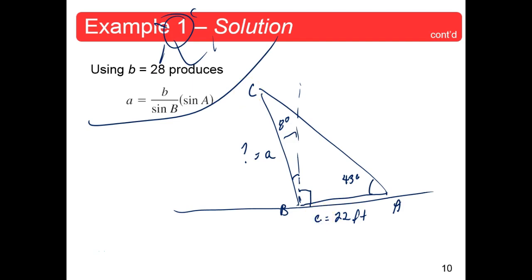So there's side little c, we know that. We know angle capital A, and we know this 8 degrees, but that's not angle B. Do we know what angle B is? What is it? What's this one? 90 degrees.